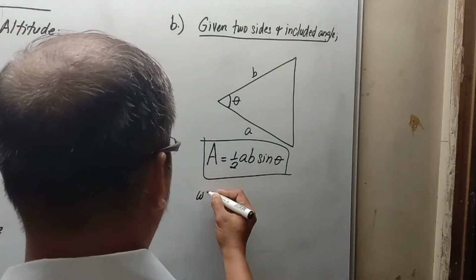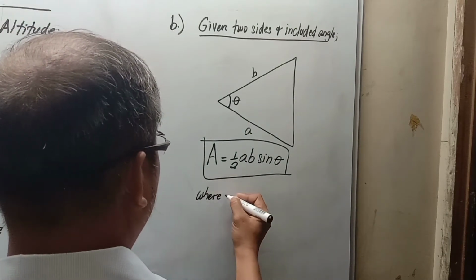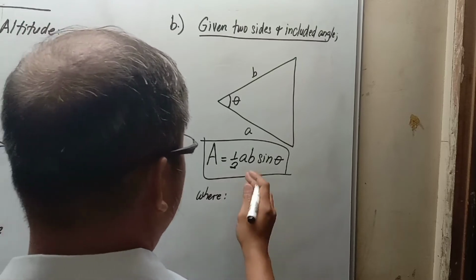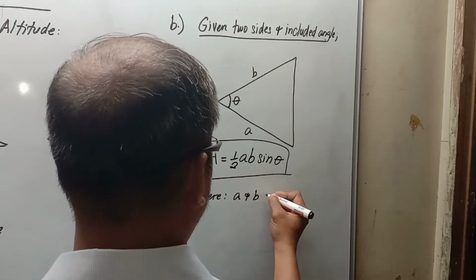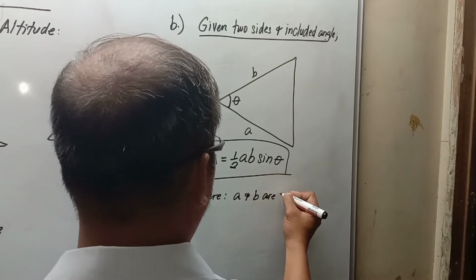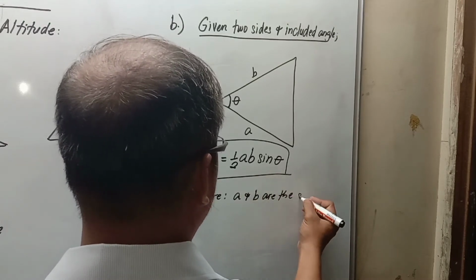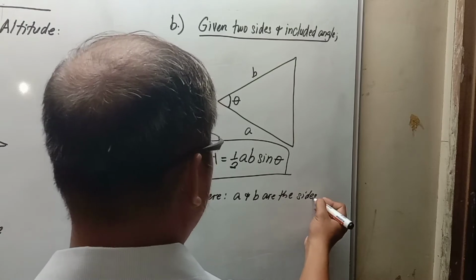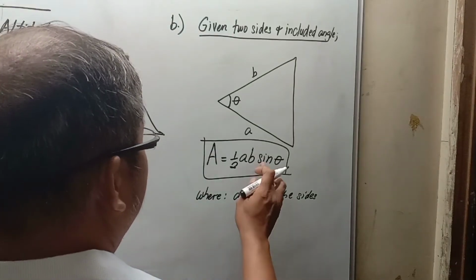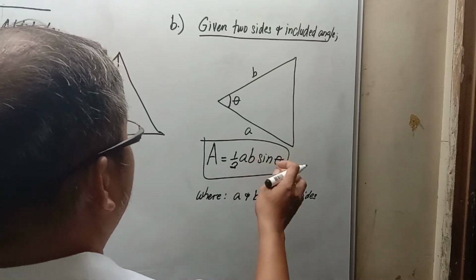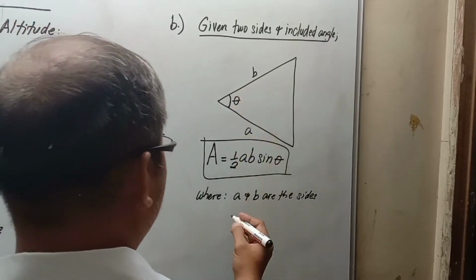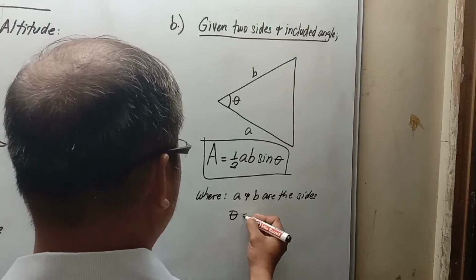Okay, where A and B are the sides, where sin or sine is a trigonometric function knowing the angle. Theta is the angle. Okay, so angle.